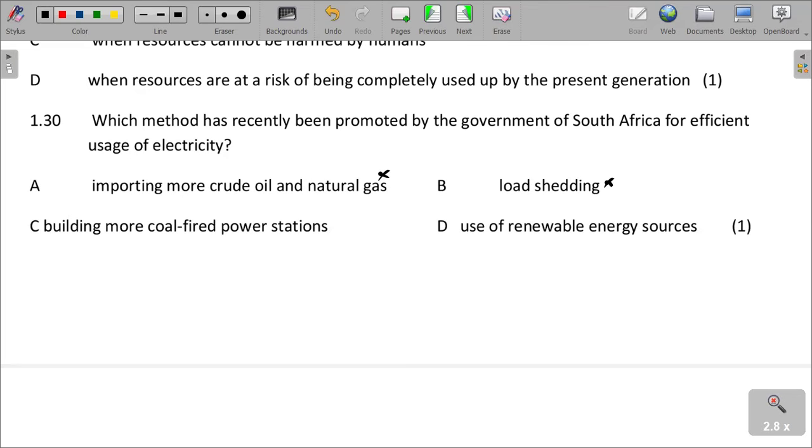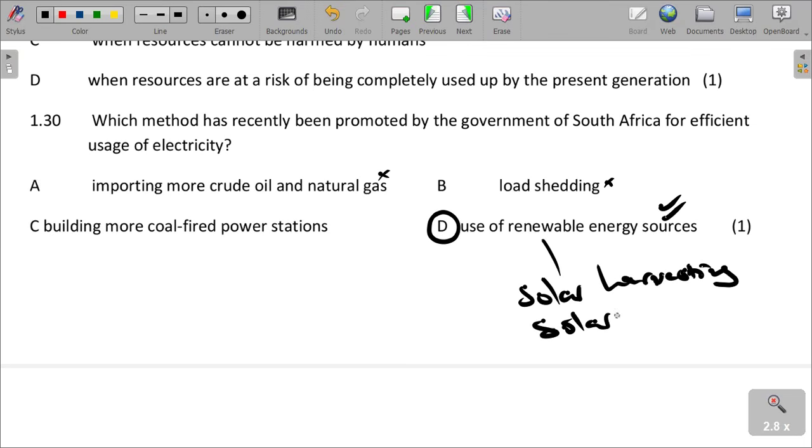So the answer should be the use of renewable sources of energy. We talk about solar harvesting, or solar systems, which are environmentally greener sources of energy.